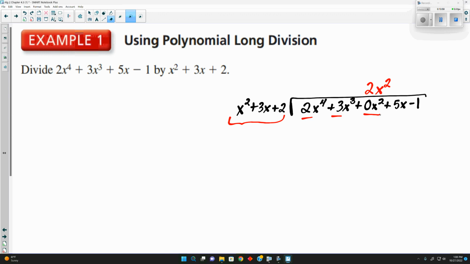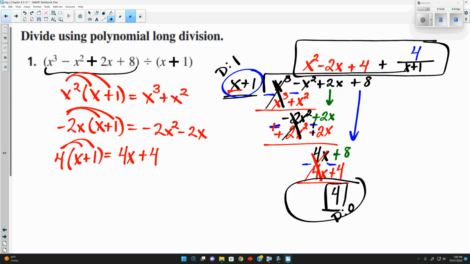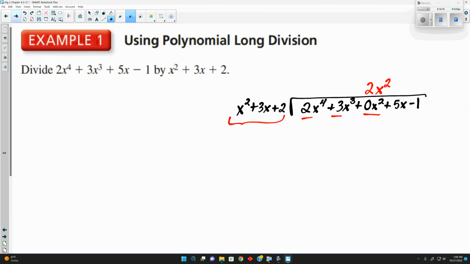They'll always line up this way. Because if we look back at the first one, well, how many terms did we have here? 2, 1, 2. We started off with an x squared. It'll always line up that way. So here we go over 3. It means we need the x squared. And it is 2x squared.